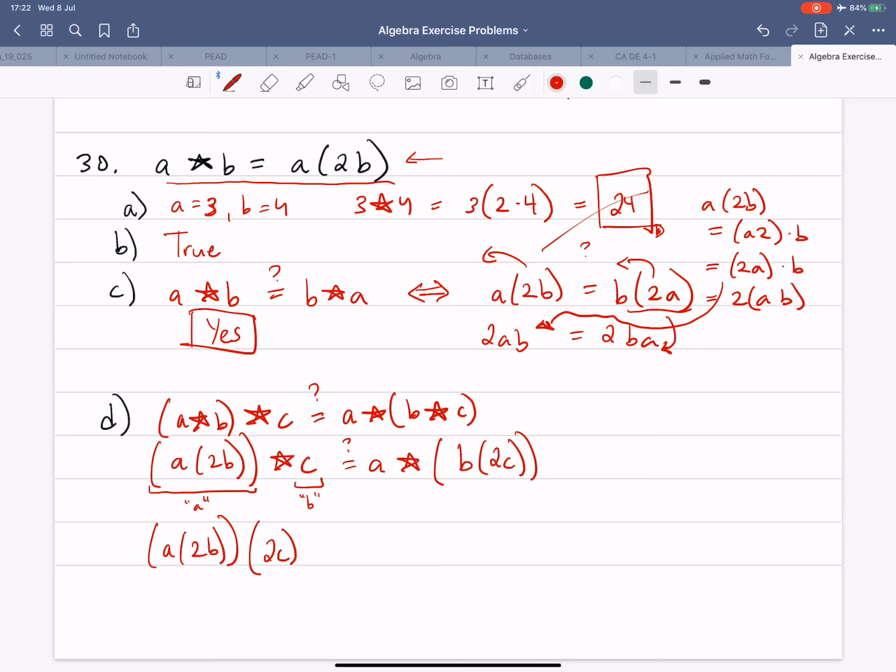And I'm asking, is that the same as A times 2 times B times 2C, where this is what goes in for A and this is what goes in for B?